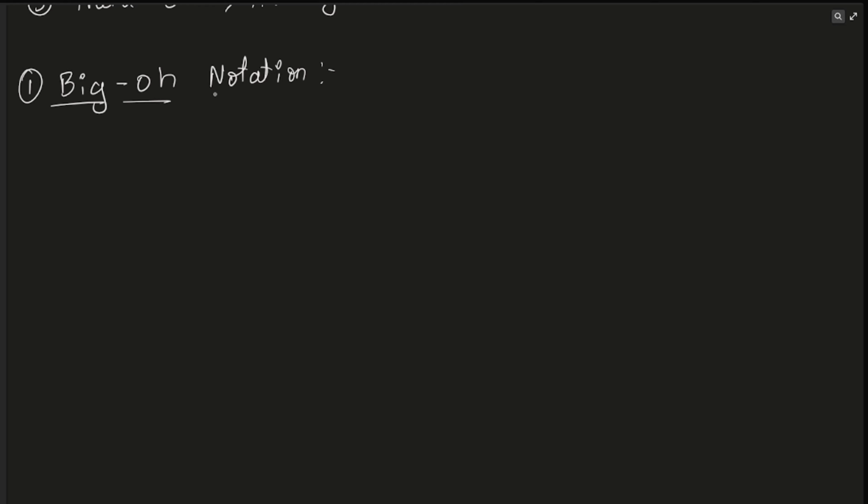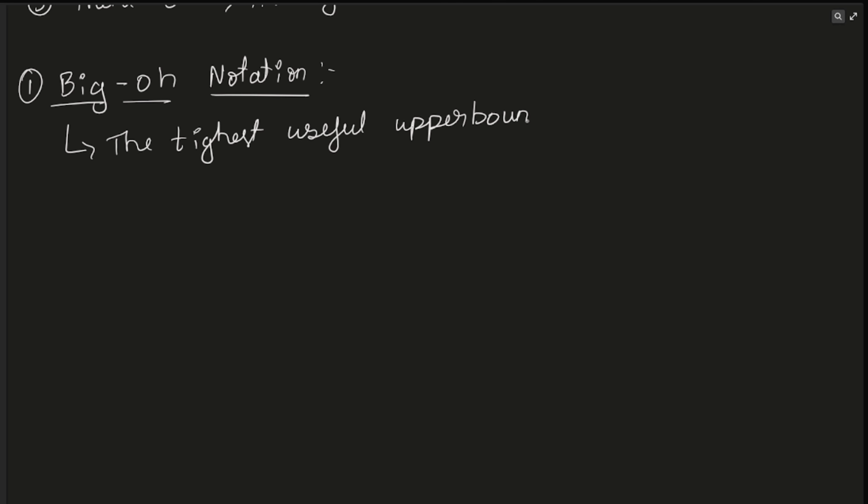The first one is big O. As we already know, this represents the tightest useful upper bound. Let me just take the textbook definition of big O notation.